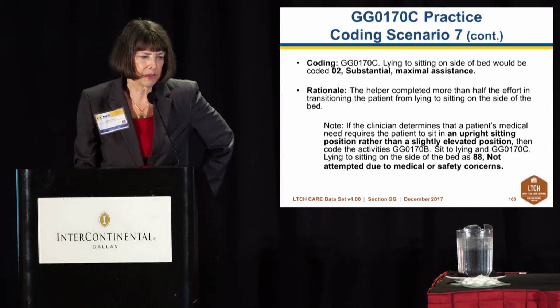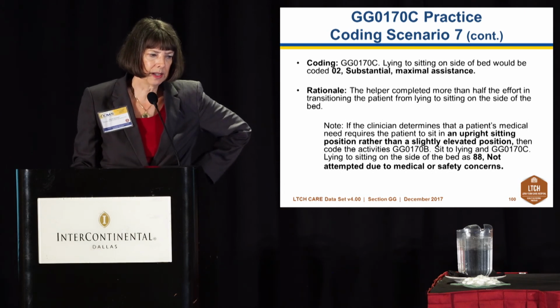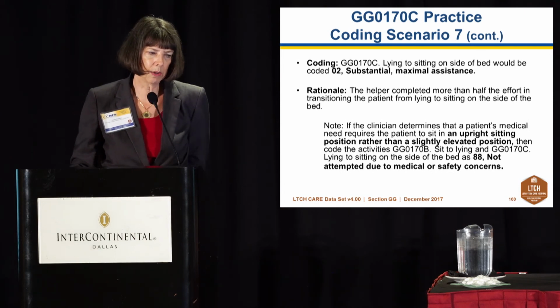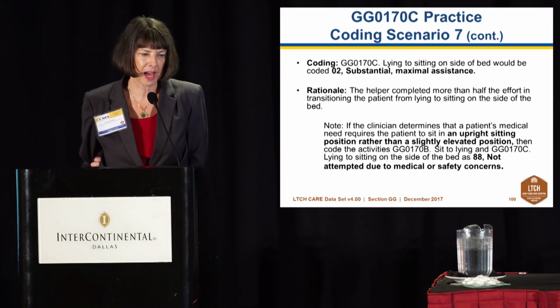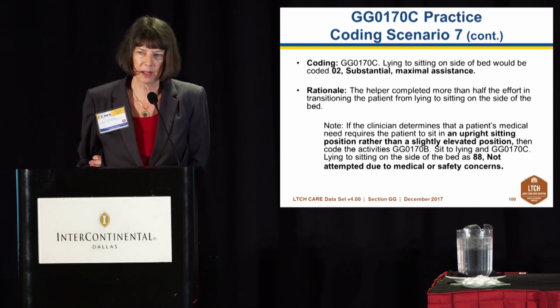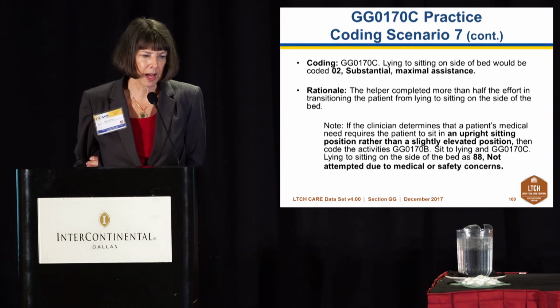Coding of GG0130 lying to sitting on the side of the bed would be coded 02 substantial maximal assist. The rationale is the helper completed more than half the effort in transitioning the patient from lying to sitting on the side of the bed.